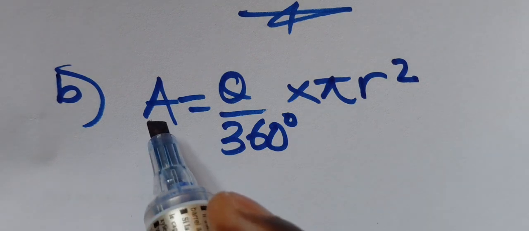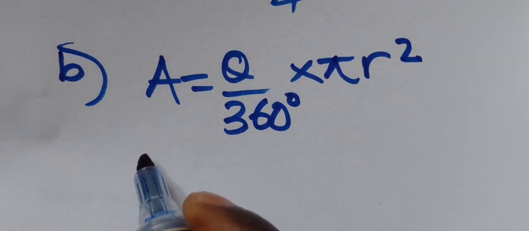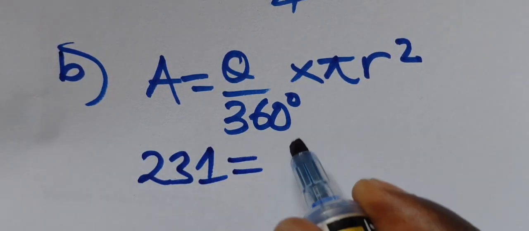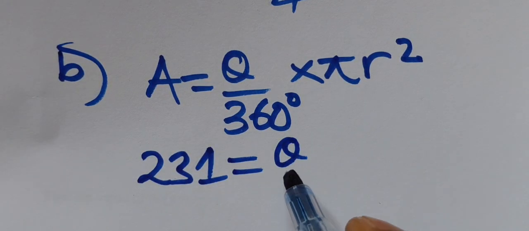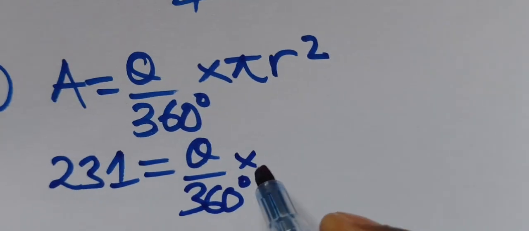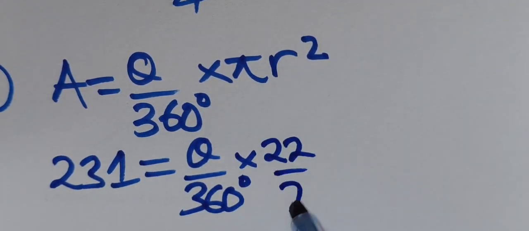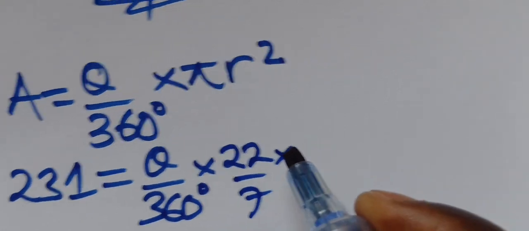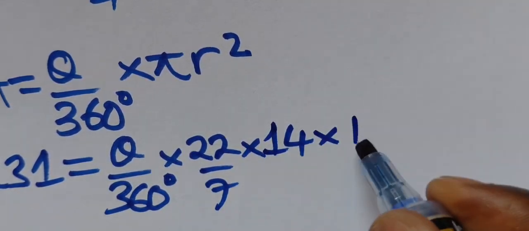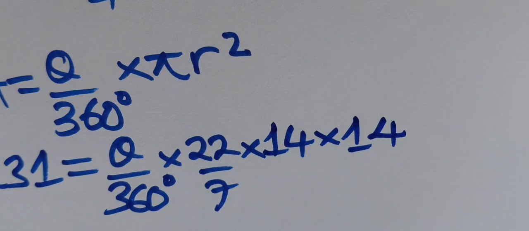Now on area, here we are going to substitute and put 231. And this is equal to theta, which we are looking for, over 360 degrees, times pi is 22 over 7, times radius, which is 14, times 14, since it is radius squared.